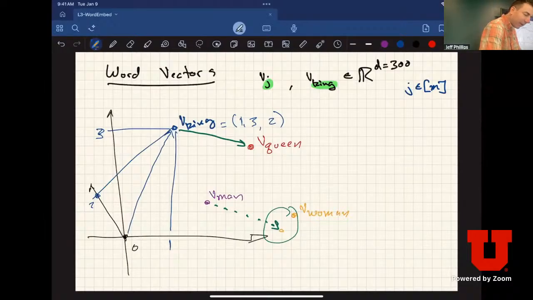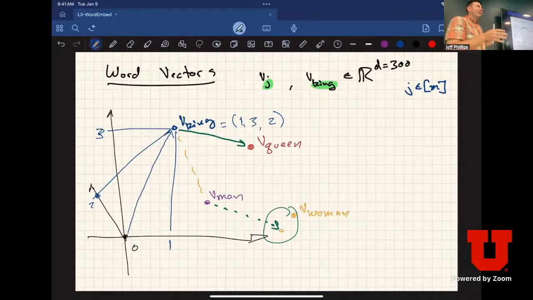Because what I've done is I've taken this king to queen vector, which is somehow capturing some gender information, and I translate it onto the man vector, the male to female aspect of this, and it would tend to find the similar word would be woman. These kinds of analogies emerged from this representation unintentionally.